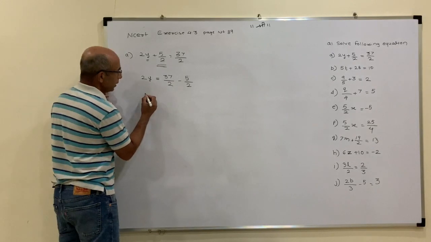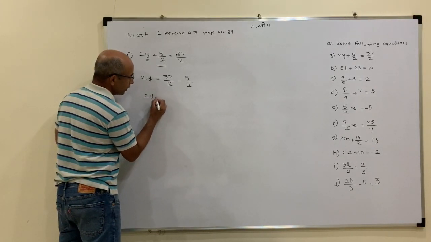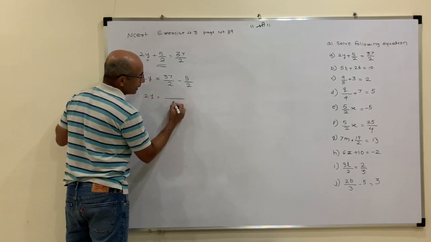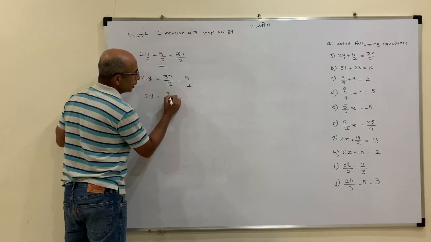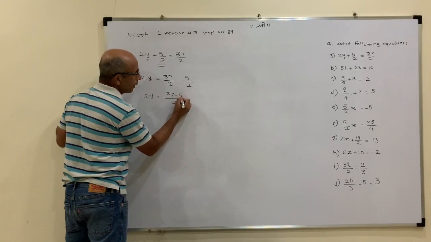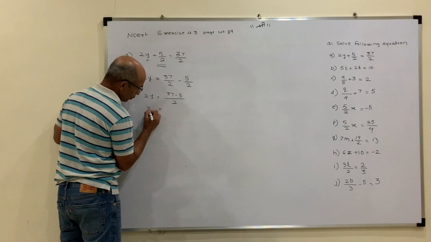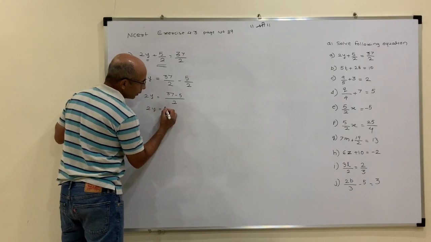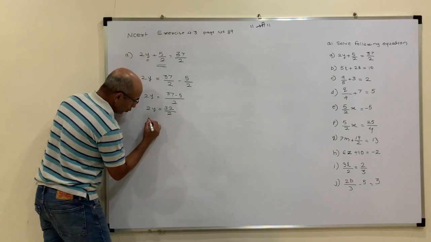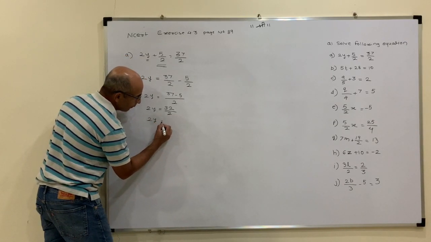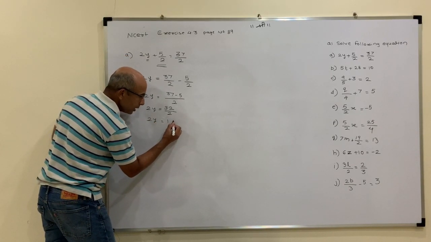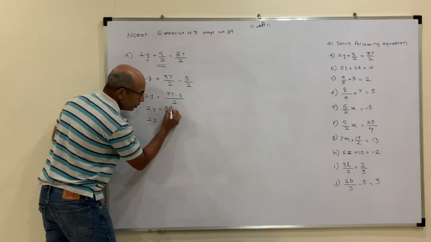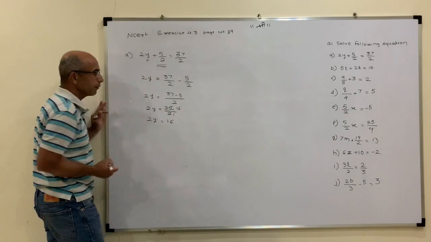Now here, for my 2y, to simplify further, my LCM is 2, here 37 minus 5, that is equal to 2y equals 32 divided by 2. So 2y, if I simplify further, 16 2s are 32.